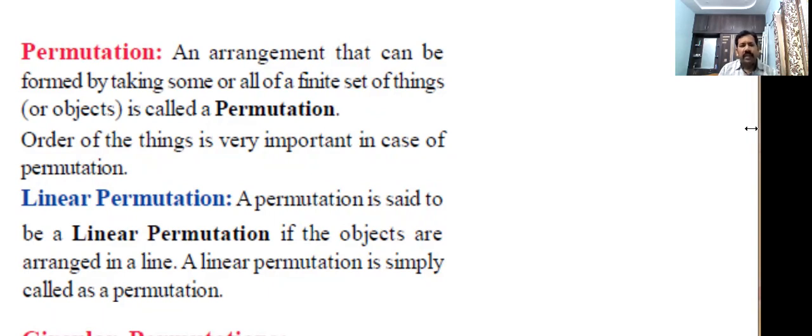So an arrangement that can be formed by taking some or all of a finite set of things, not infinite, finite set of things or objects, is called a permutation.